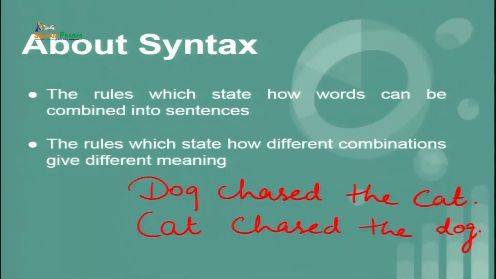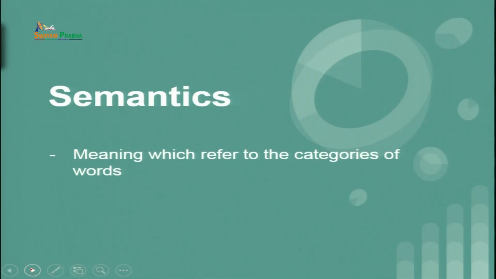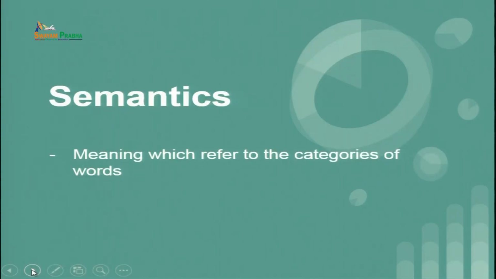So, not only this, when we talk about syntax, we also refer to semantics, because with the change in the arrangement, the meaning also gets changed. So, semantics here refers to the meaning which refers to the categories of words. Okay. So, semantics and syntax go hand in hand.